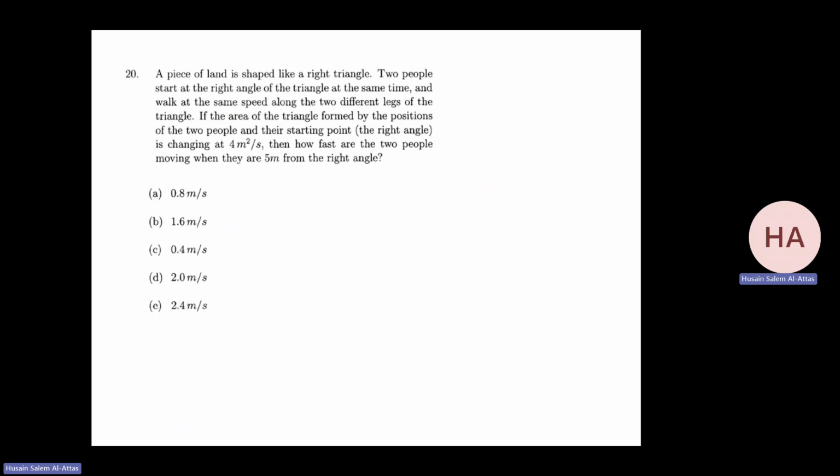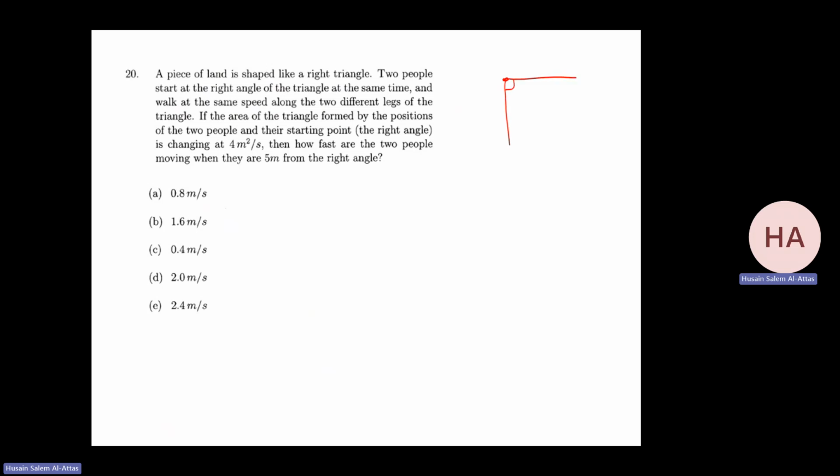A piece of land is shaped like a right triangle. Okay, let me graph it. We have a right triangle here.